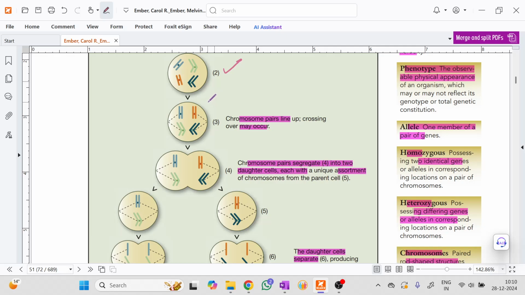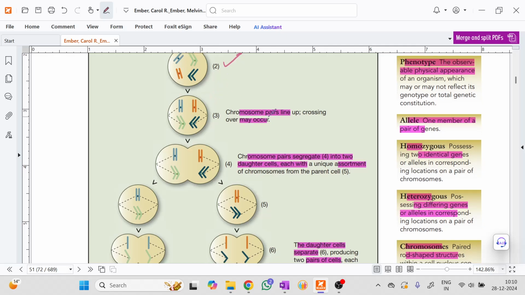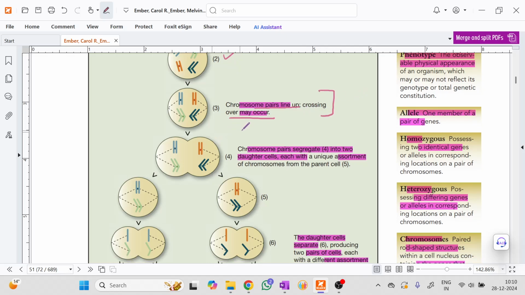Such homologous pairs are formed, and now these pairs line up, and by lining up, crossing over may occur. Crossing over is a kind of assortment in which the desired trait is taken up, or a trait which is missing, which may be available in the other unit, can also be taken up.